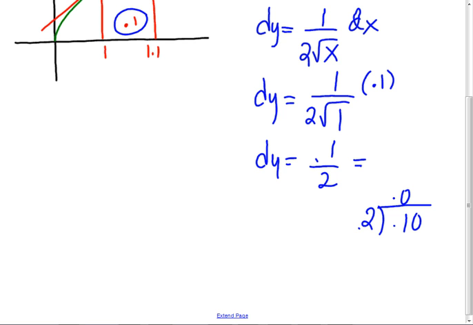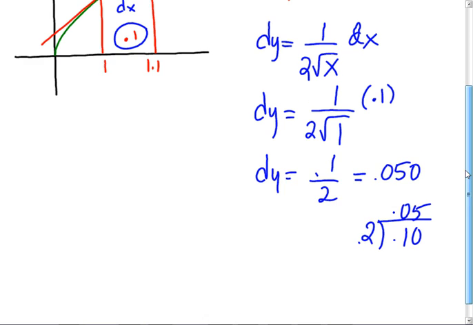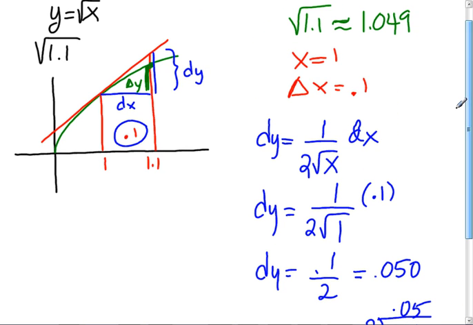2 into 10 is 5. I want to do it as a decimal because we know this. Okay, so what is this value right here? What is the square root of 1.1? Pretty close to.